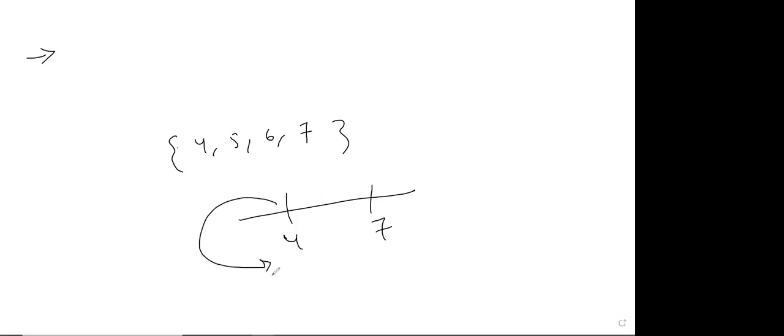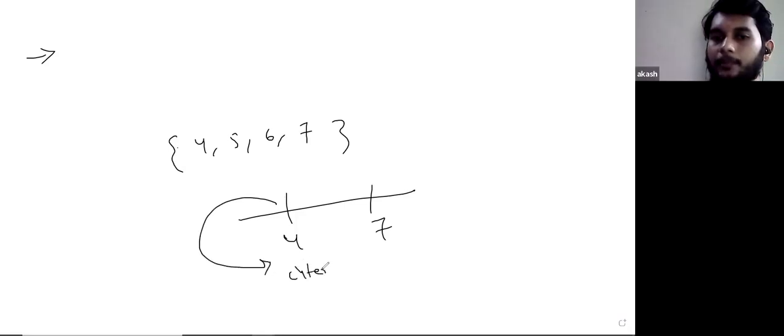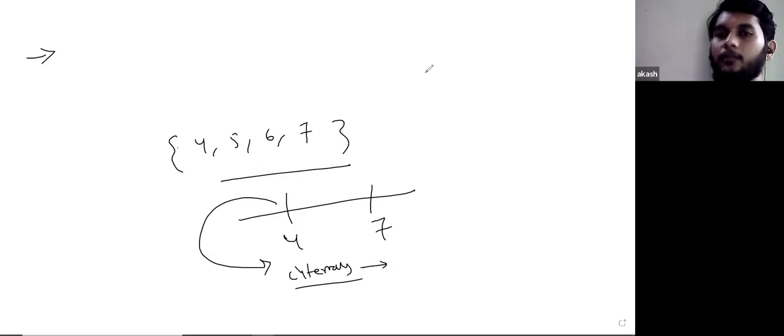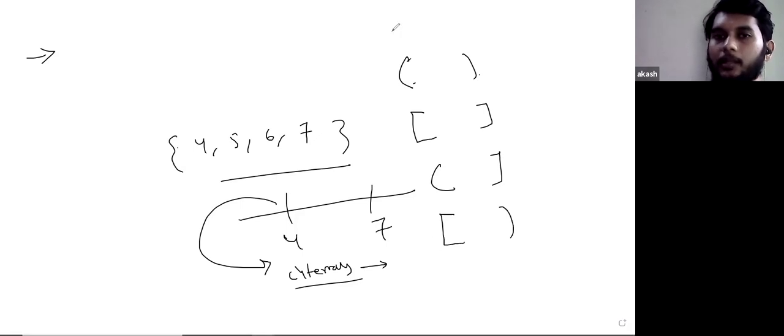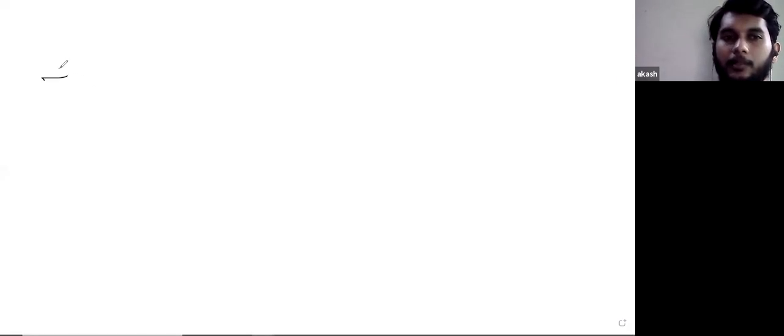For this we use intervals because we cannot use sets, right? How to write in intervals? Intervals are of 4 types: both sides parenthesis, both sides square brackets, and one side parenthesis. Same thing in this. All right, let's see what they are called.